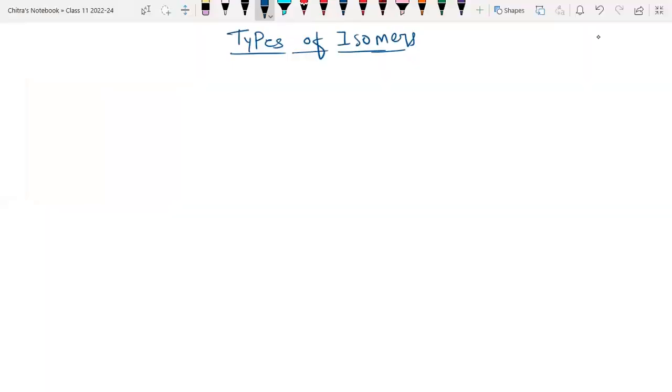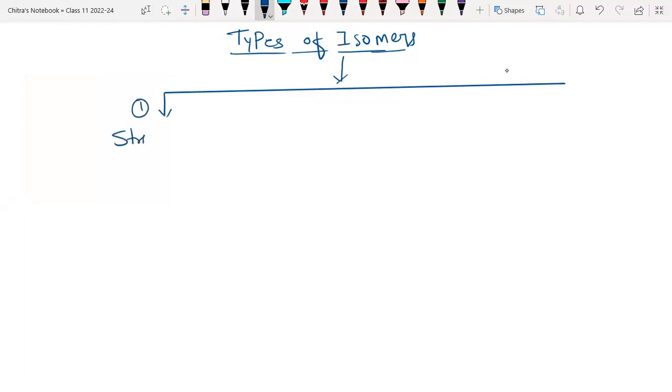Okay, so now we are going to understand the types of isomers. We have divided isomers into two main categories. Number one, we have structural isomers.